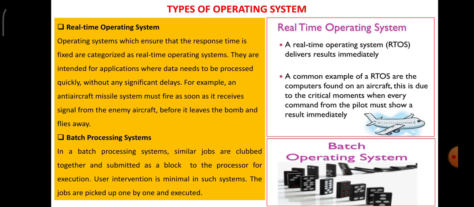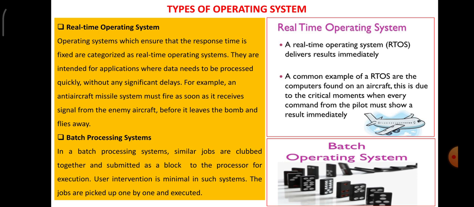And what is a real-time operating system and what is a batch operating system? The real-time operating system, or RTOS, delivers results immediately, that is, instantaneously it will deliver the result. A common example of an RTOS is the computer found on an aircraft.